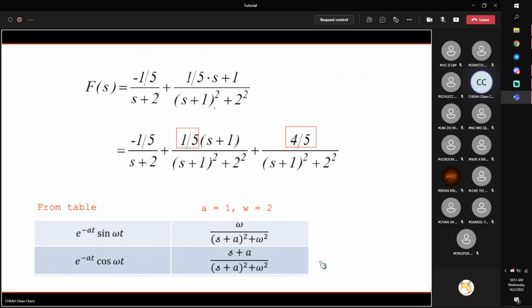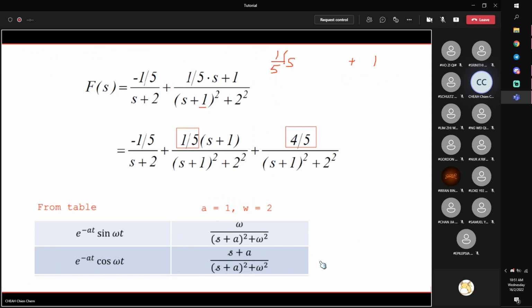First, take note that 1 over 5s, I try to get this s plus 1 because a is equal to 1. I must get s plus 1. This is 1 over 5s plus 1. It's not s plus 1.